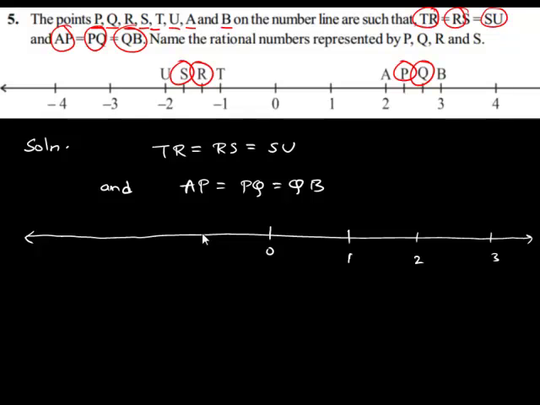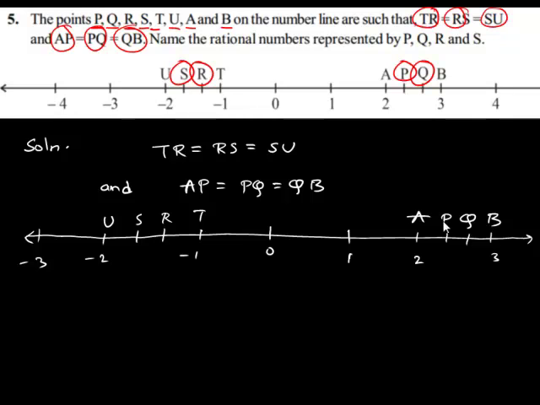Similarly on the left side we have integers -1, -2 and -3. And also we have given the letters U, S, R and T. Similarly on the right side this 2 and 3 is divided into 3 parts such that 2 is represented by A, this is P, this is Q and 3 is represented by B.